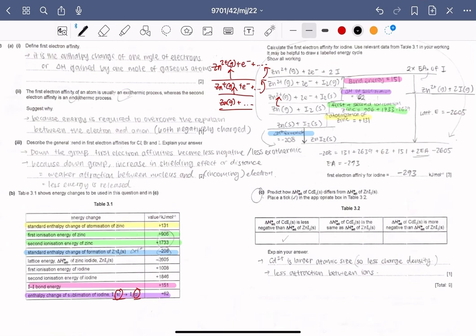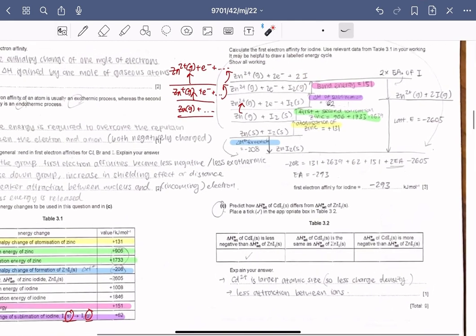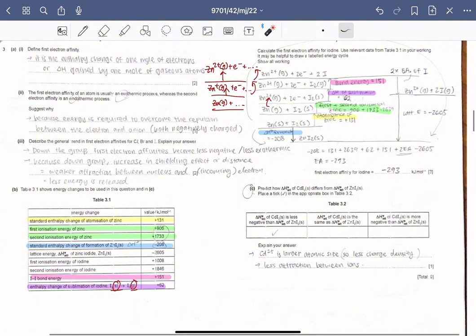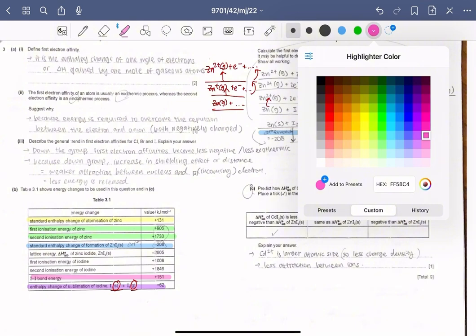And then it's going to convert to here, and then this is going to form Zn2+ and 2I gas, which would then undergo lattice energy of zinc iodide to form zinc iodide at negative 2605. So lattice energy.